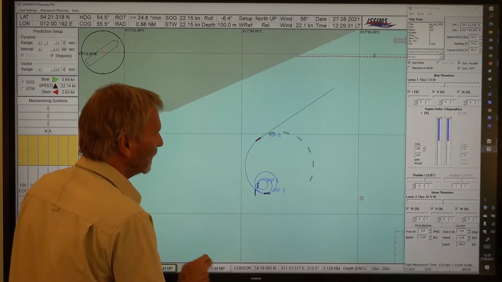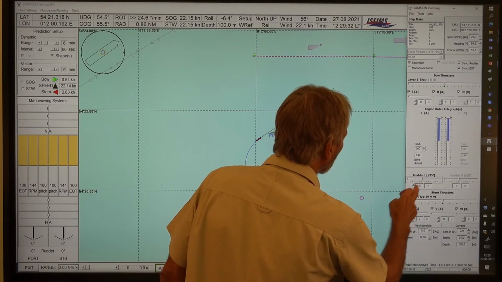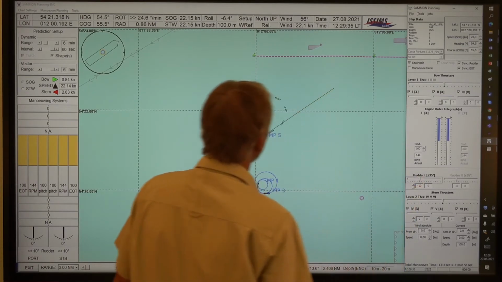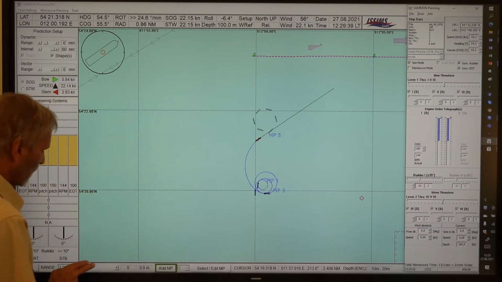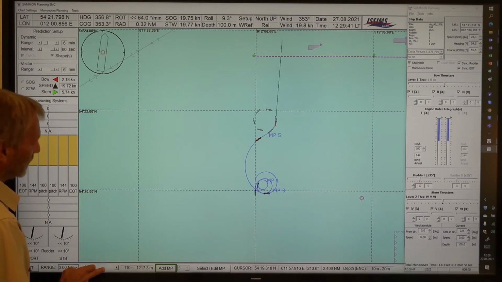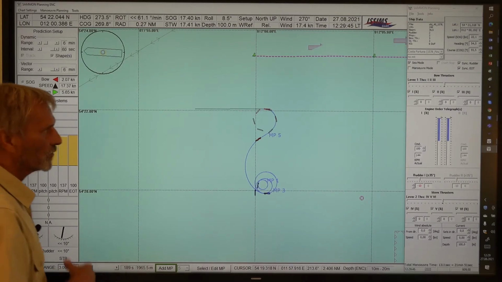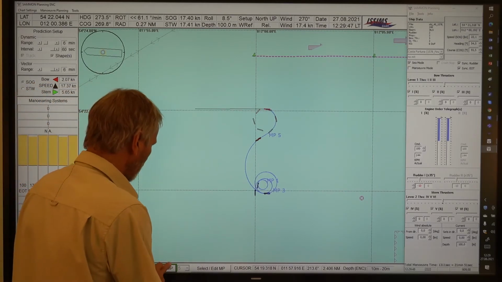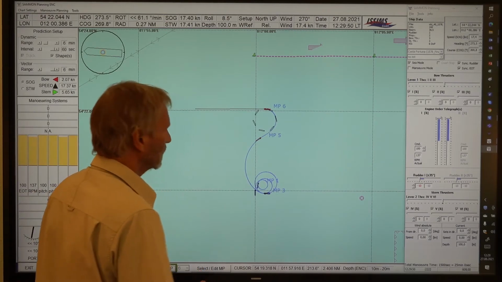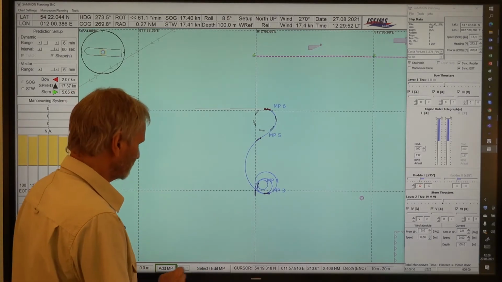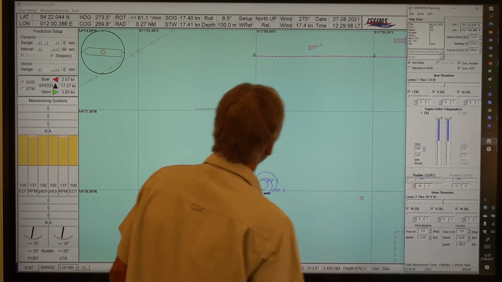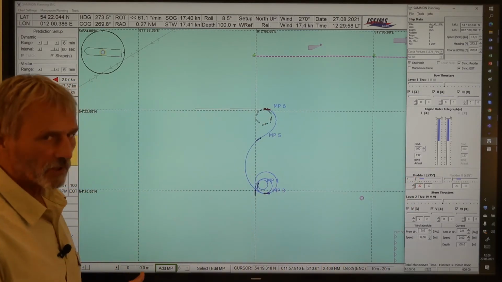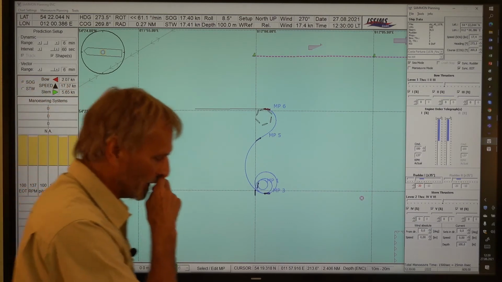So from here we would then go to 5 or 10 degree to the other side. So we would go here with the ship to this position and continue our spiral test with 20 degree of rudder and so forth, ending up then in the spiral.